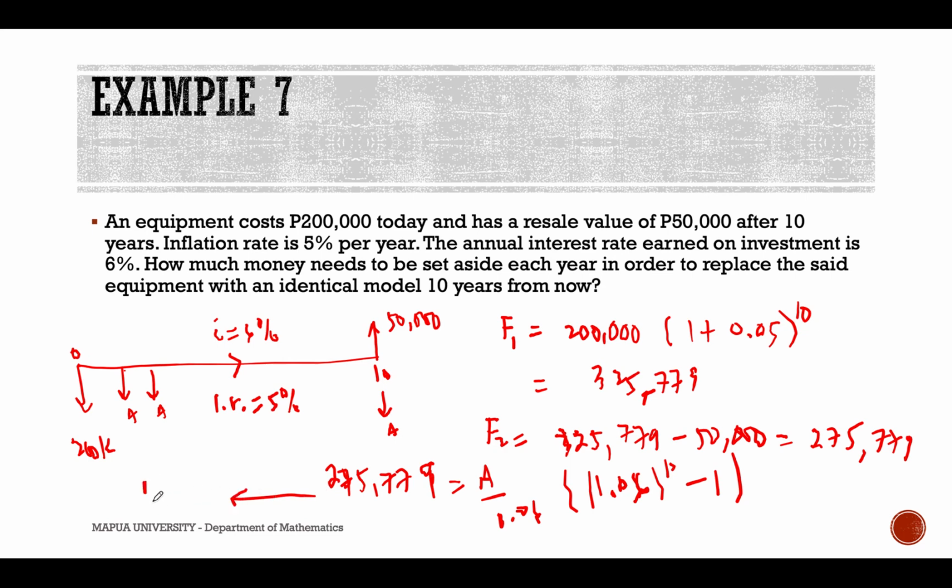Okay, so A should be 20,923.8. Okay, so this should be your final answer.